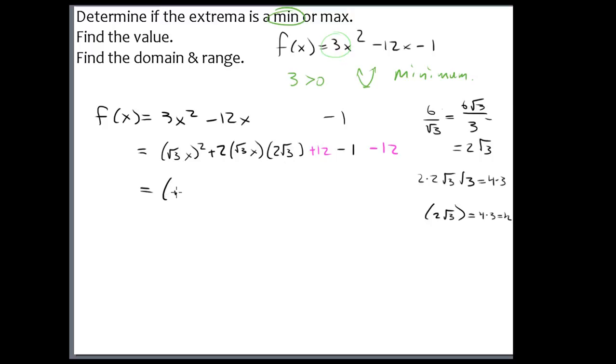So all of this becomes the square root of 3x. So then that 12 was plus, oh no wait, this was negative, so that's negative right there, so then that's minus 2 square roots of 3, quantity squared, minus 13.